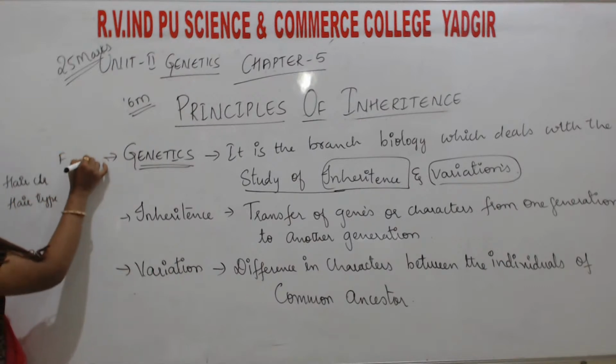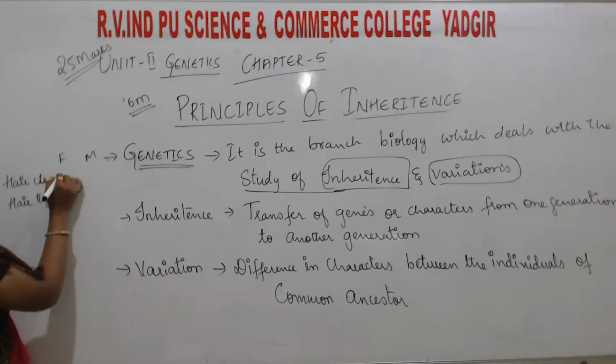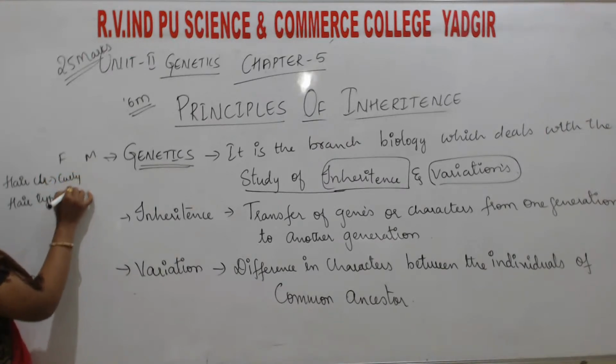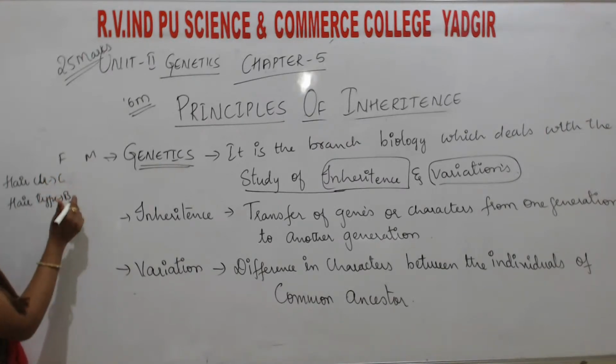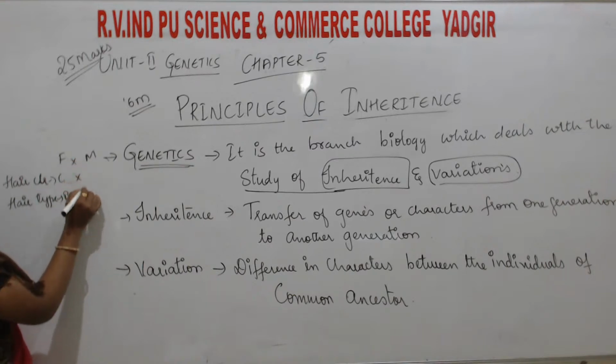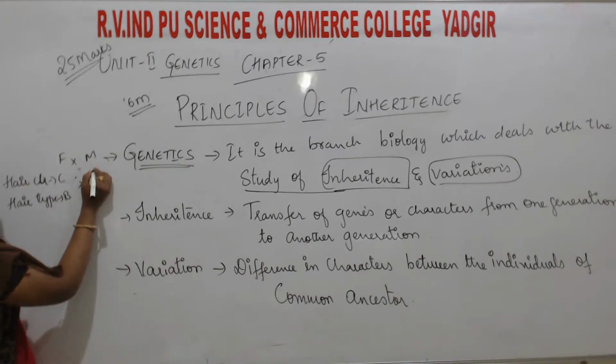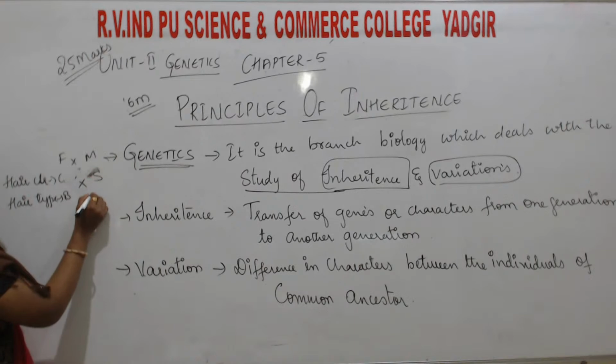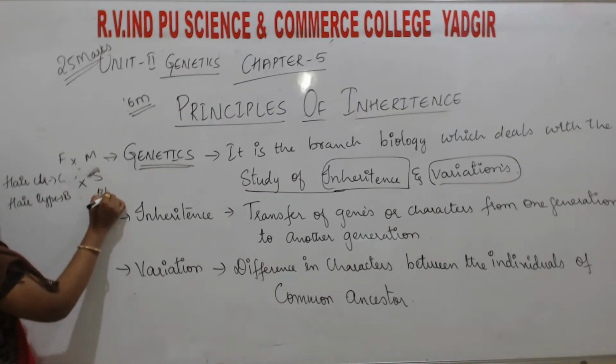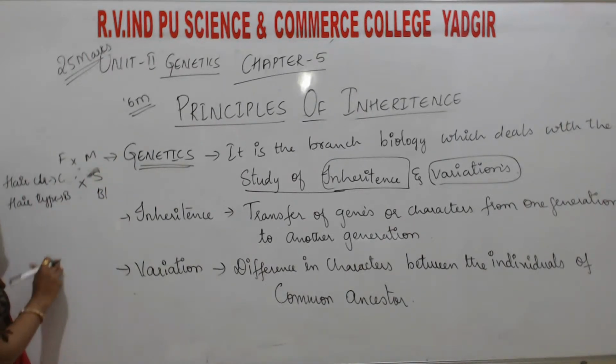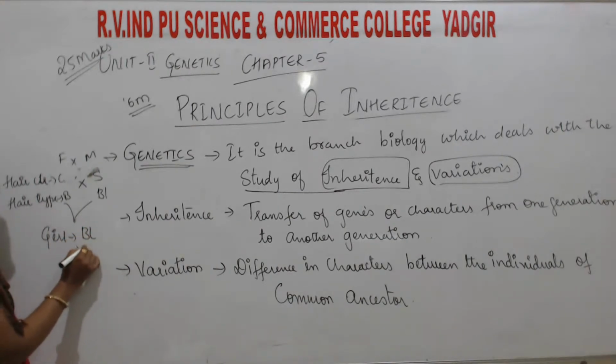Father: here it is curly and brown. One more, the mother: silky and black. In the next generation, we will find the girl child. First, we will take the girl child. The girl will have black color hair and silky hair.